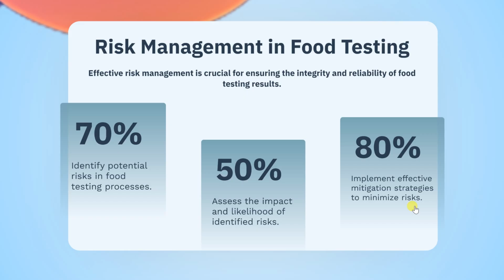This 70% is to identify potential risks in food testing processes. If we take risk management seriously, we identify potential risks in the food testing processes. 50% is to assess the impact and likelihood of the identified risks. 80% is to implement effective mitigation strategies to minimize those risks.